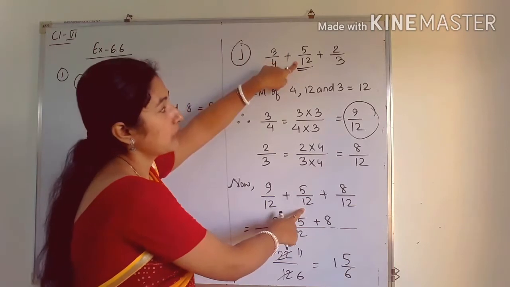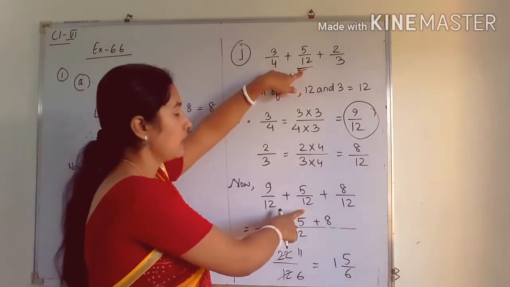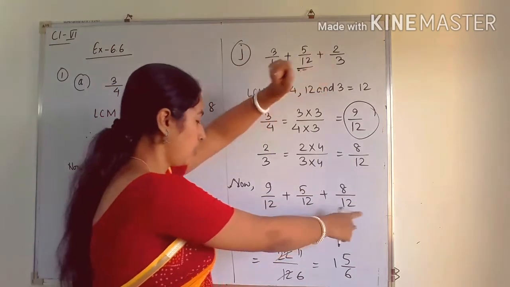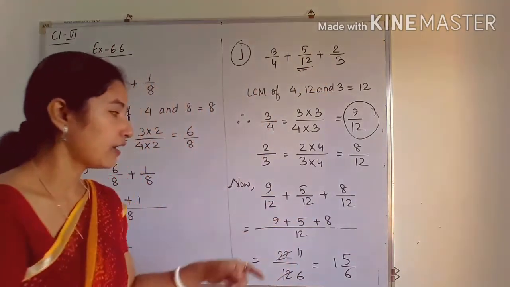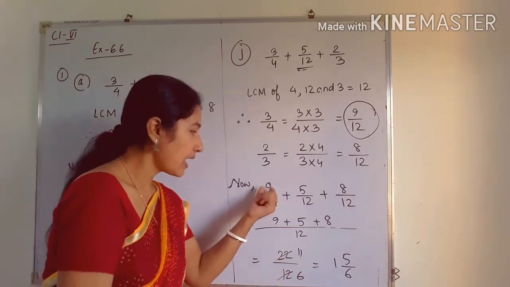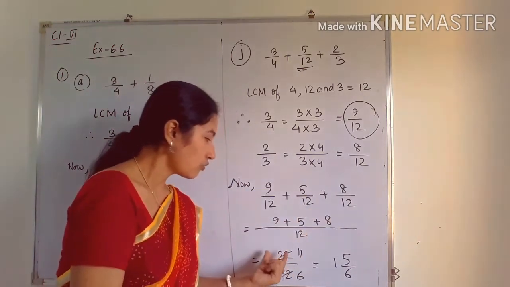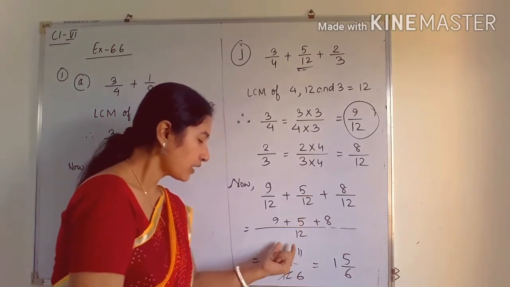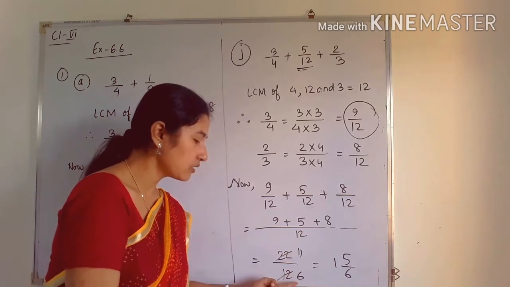This will be the same, because 12 is already the denominator. Next, 2 by 3 is now 8 by 12. Now we can add easily, because we got like fractions. 9 plus 5 plus 8 will be 22, so 22 by 12. After cancellation we will get 11 by 6.